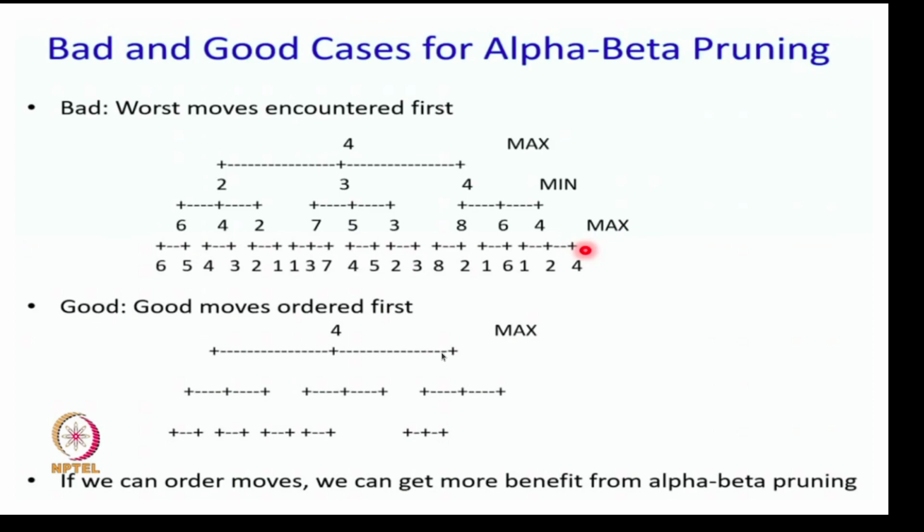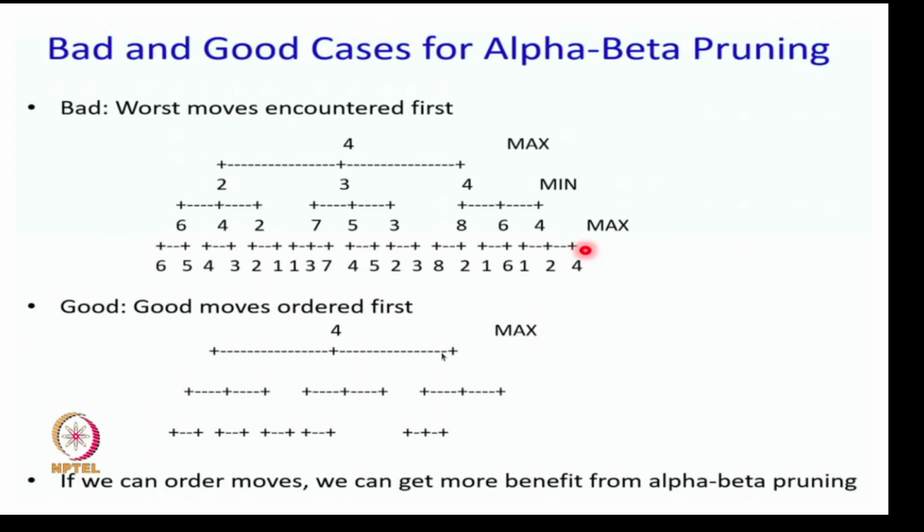Whereas the good scenarios where you are doing a lot of pruning have good moves, it's simply an ordered list. If we can order the moves, we can get more benefit from the alpha beta pruning.